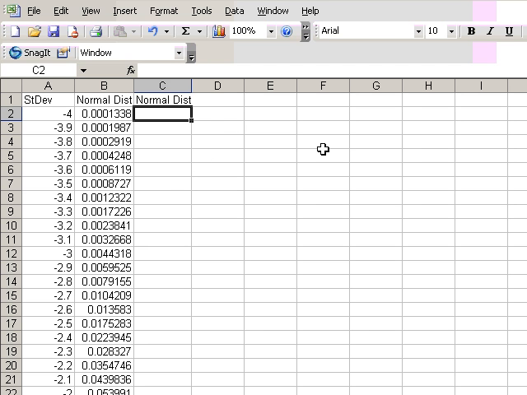The calculation according to that formula is 1 divided by the quantity, the square root of 2 pi times sigma, times e to the minus 1/2 of the squared quantity x minus mu divided by sigma.